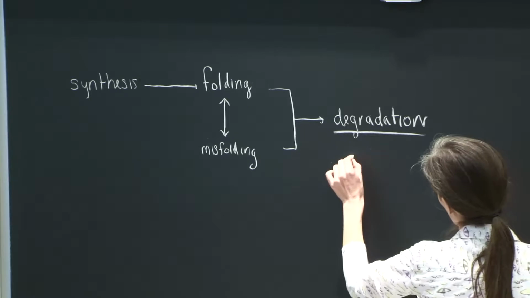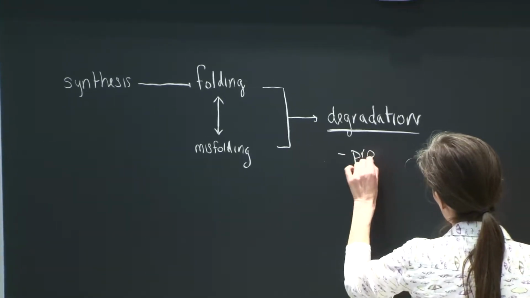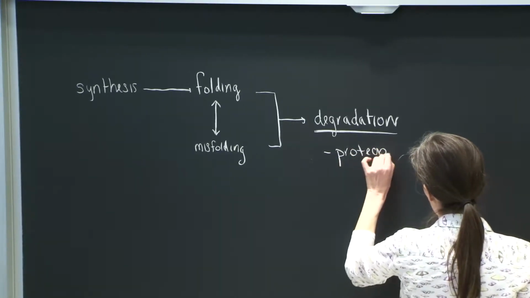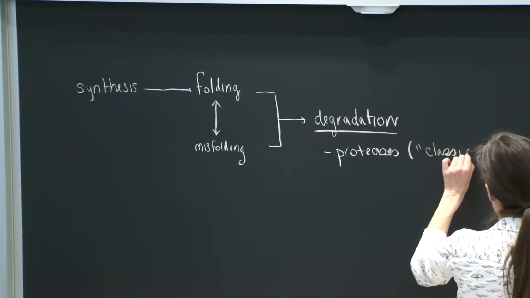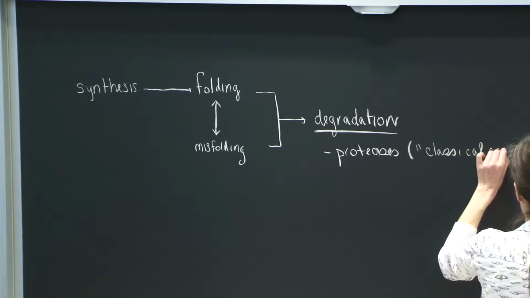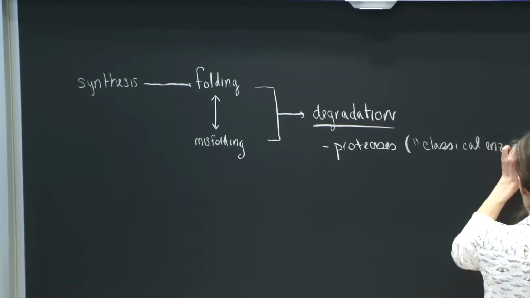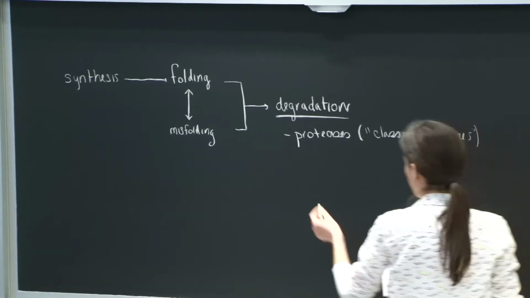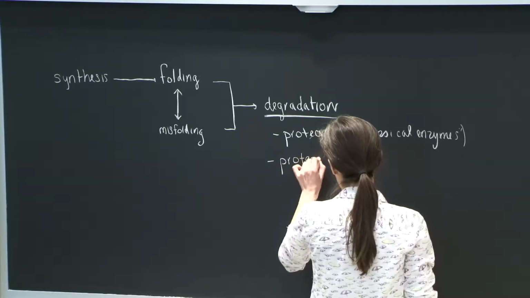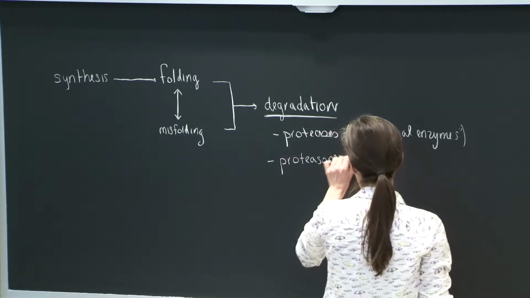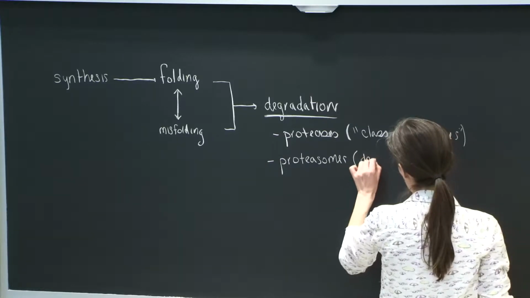Okay, and so we can think about proteases, so classical enzymes like trypsin, and we can think about proteasomes, okay, which are degradation chambers.